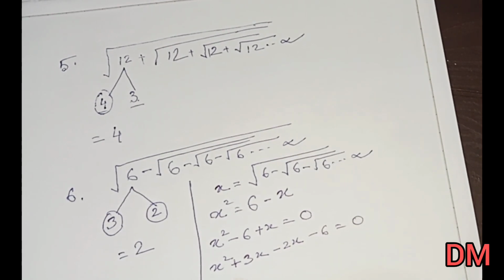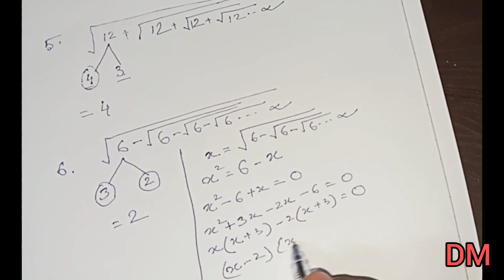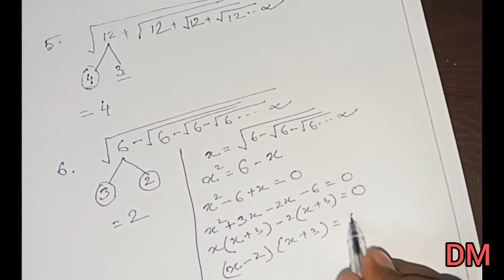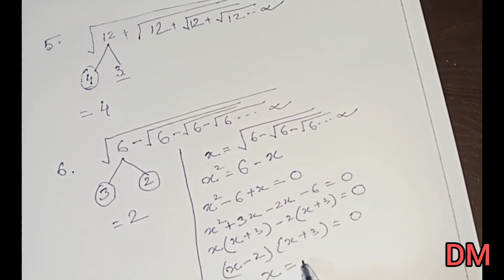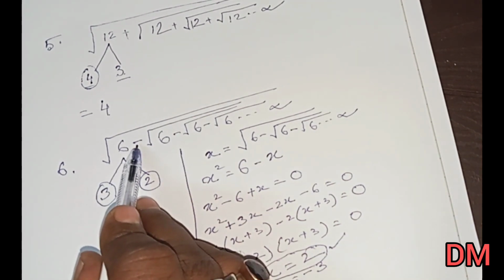Now if you take x common from this, then x plus 3 here, and if you take minus 2 common, then here it is x plus 3, that equals 0. And from this equation we can say x minus 2 into x plus 3 equals 0, and x equals 2, or x equals minus 3, and this is the answer.